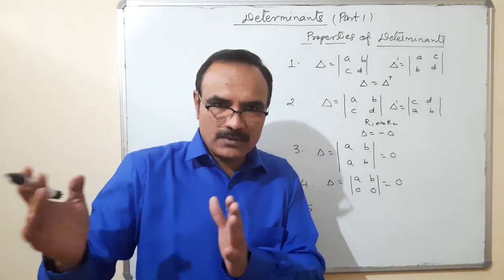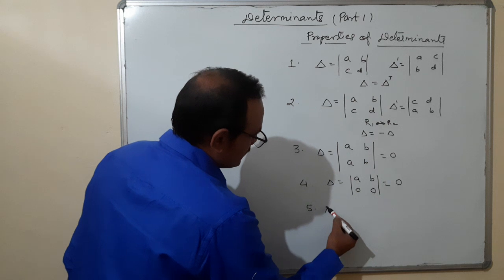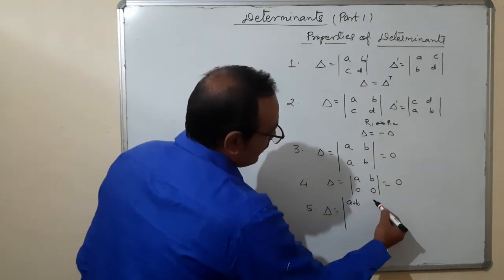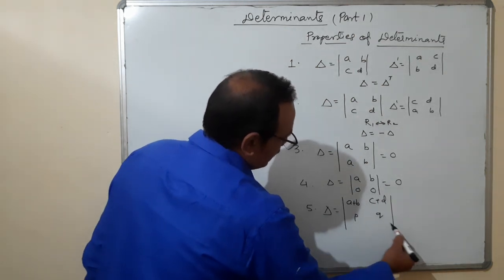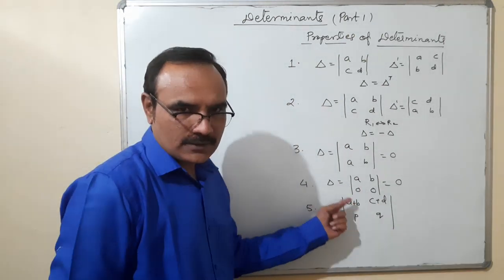Let me give you an example. Suppose this is a determinant. It is A plus B, C plus D upon P, Q. Here the elements are given in addition terms. That means two elements are added here. This is the first element.